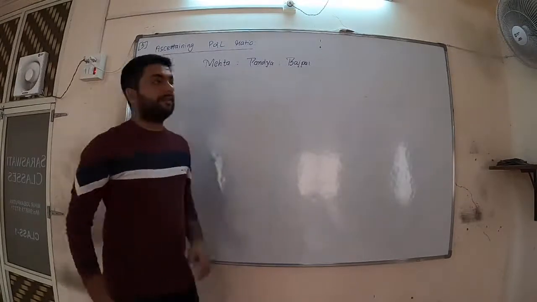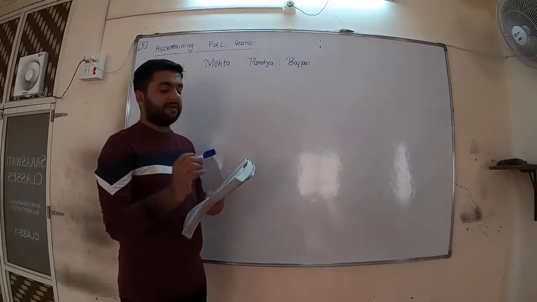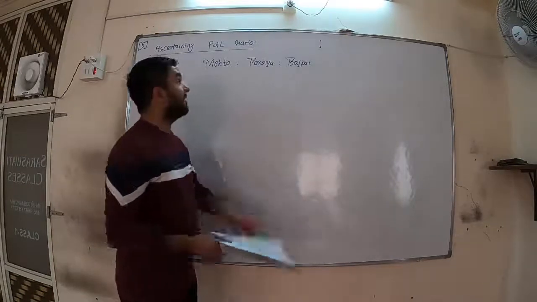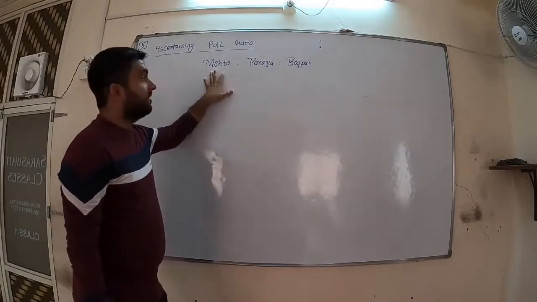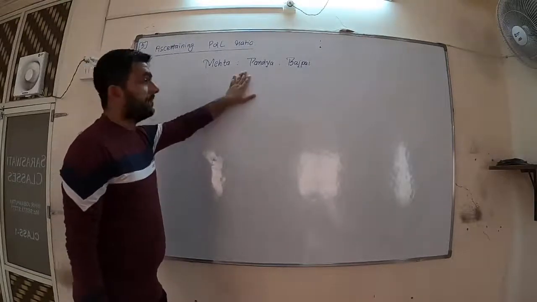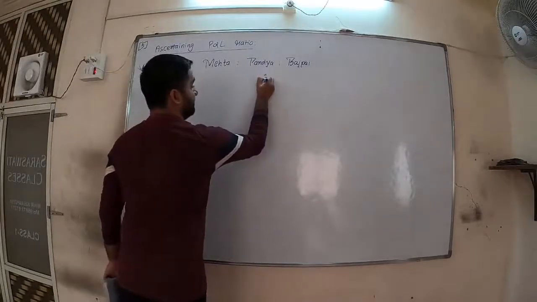Okay. Now see, I am ascertaining. Mehta receives his share 4 times of Pandya. So can we suppose the share of Pandya is 1?